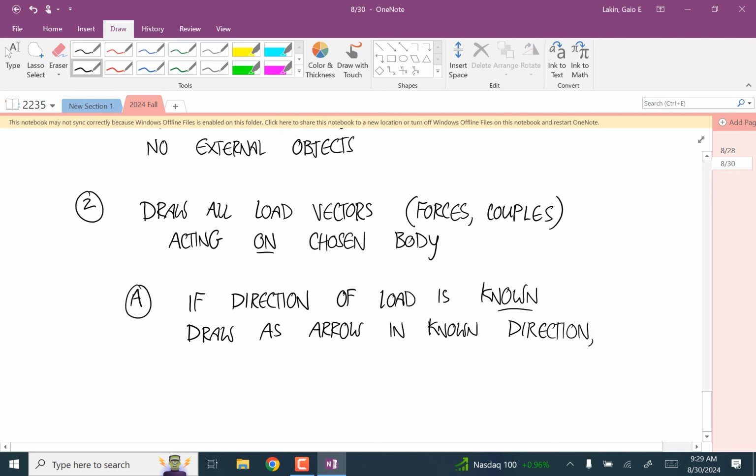And then just label it with a scalar variable or value, a number variable or value.